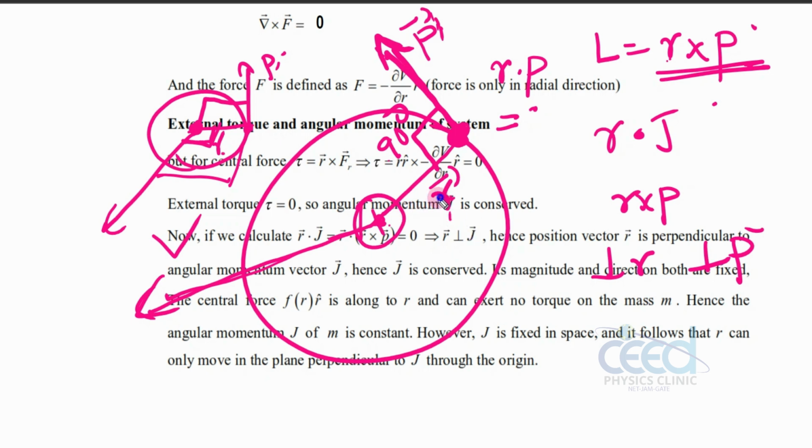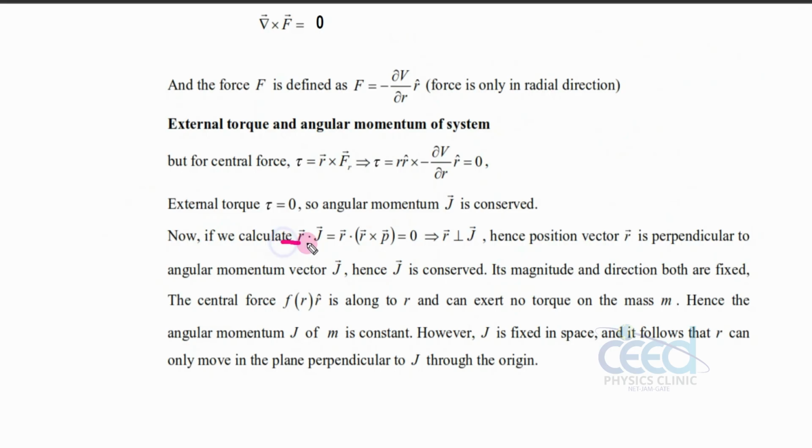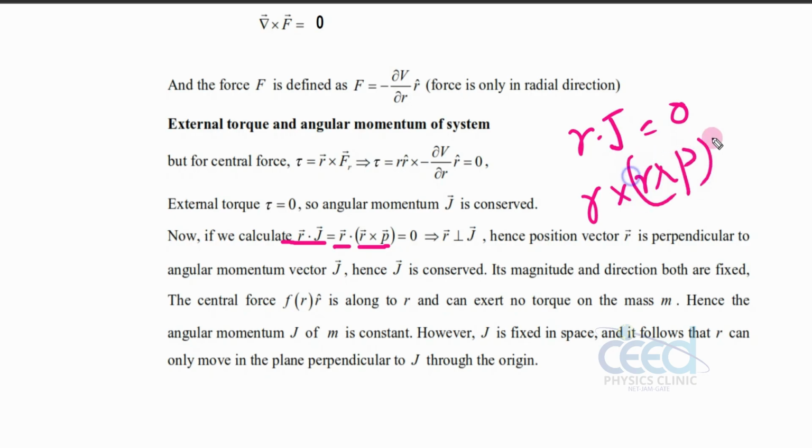Then what you understand is r is perpendicular to L, that means J. Here they used the letter notation J. R dot J, that is r dot (r cross p), that also is 0. So r dot L, represented as r dot J, is 0, and J is r cross p; that also is 0 because J only they replaced. This r is perpendicular to J.